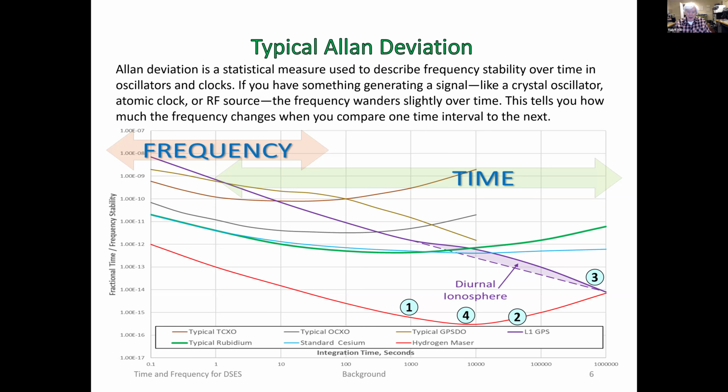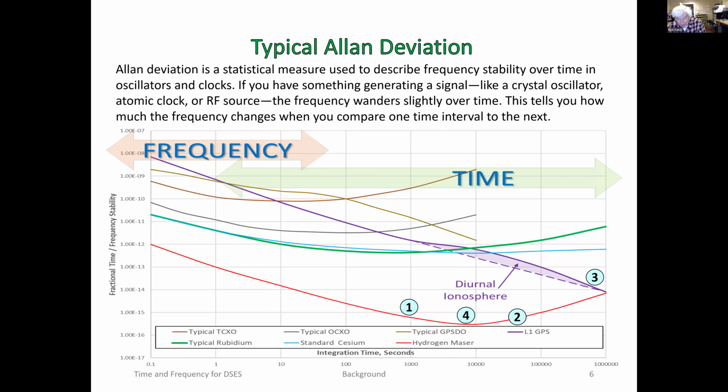Actually, most of us don't start measuring oscillators till 1 second. We measure every second to see how good our oscillators are and compare those oscillators against some known source that's much better than our oscillators. And you get these charts called Allan deviation, which is just a measure of the frequency stability of your oscillator.